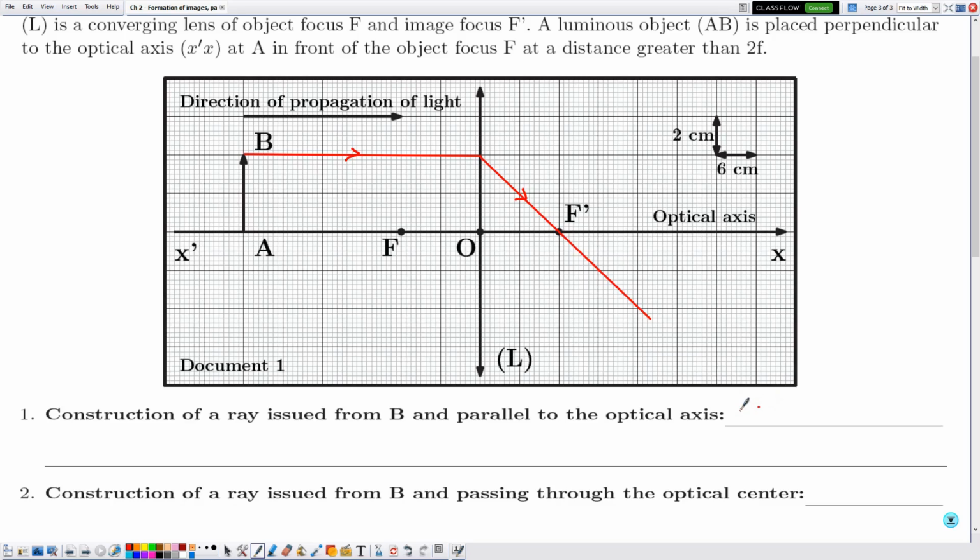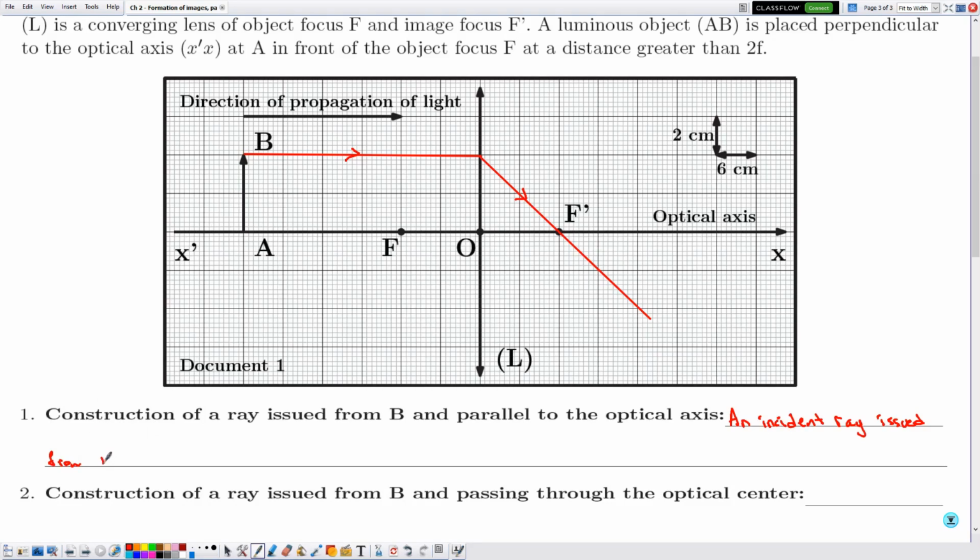So the justification is given by an incident ray issued from B. From which point?